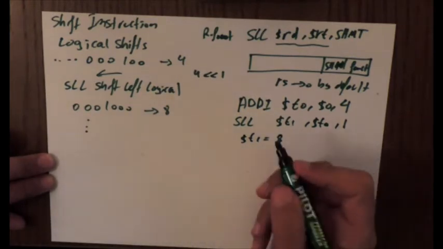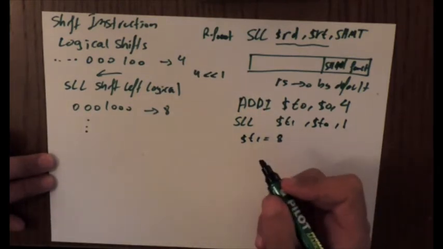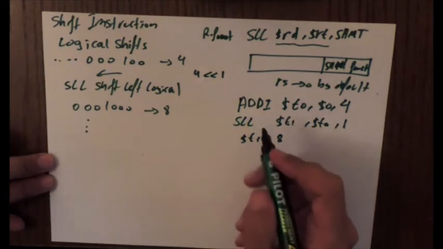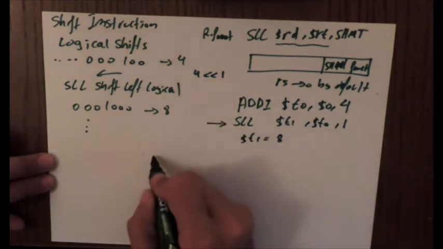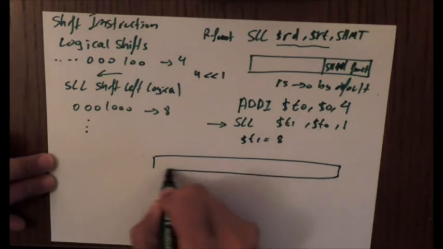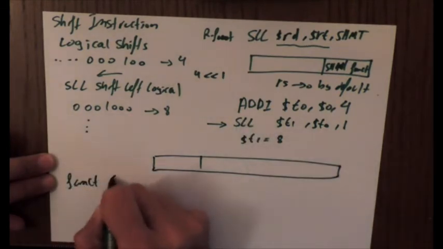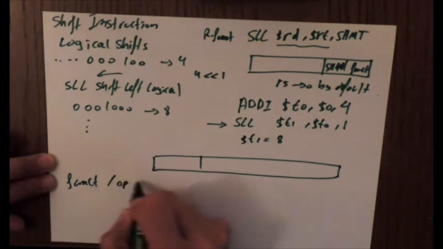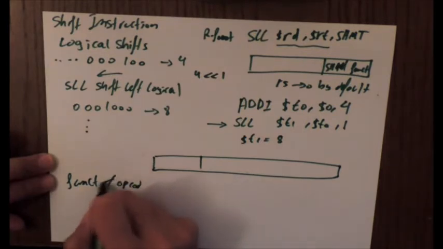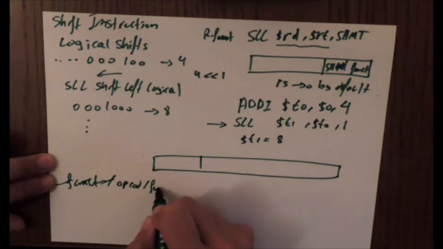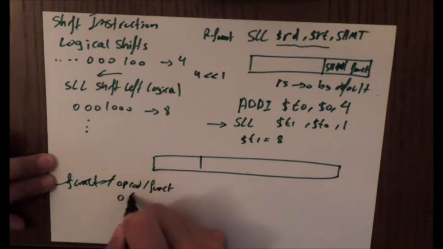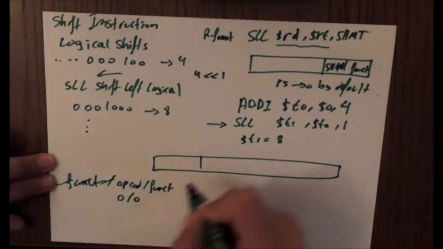So let's say I told you write the binary representation of this instruction here. So of course it's an R format instruction. The opcode over function is going to be 0 0. So both of them are zeros.